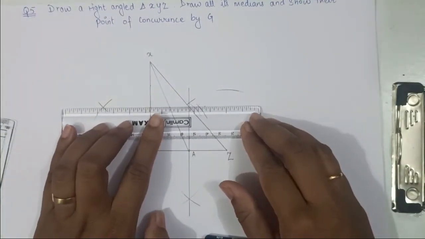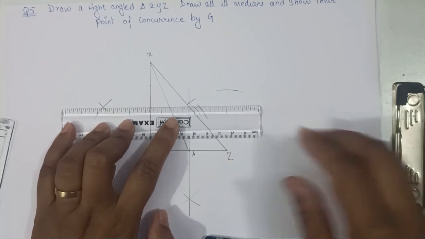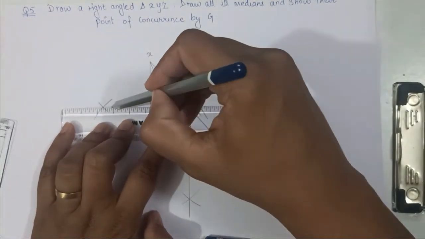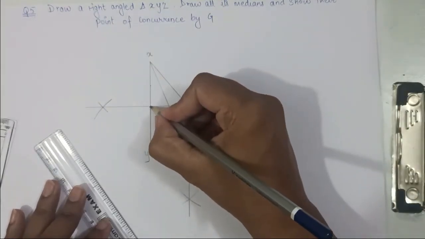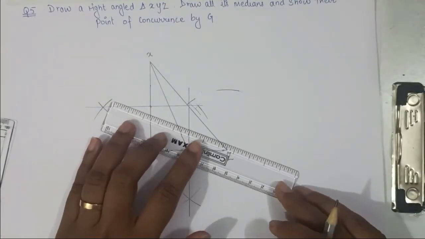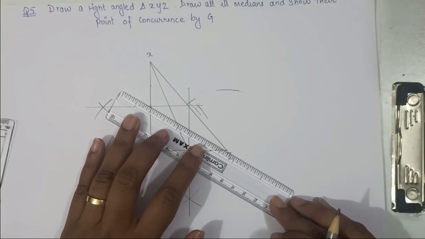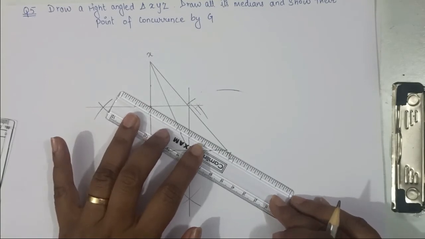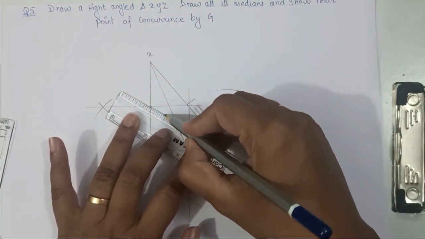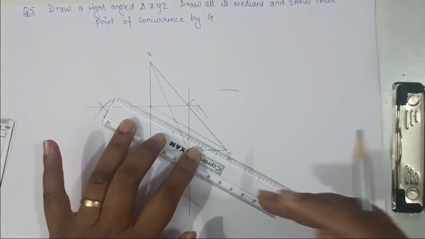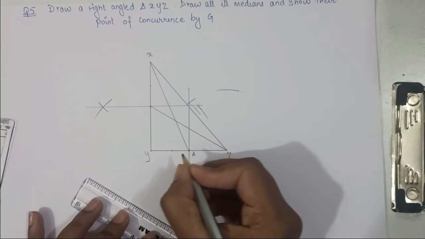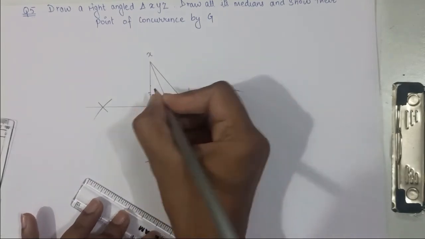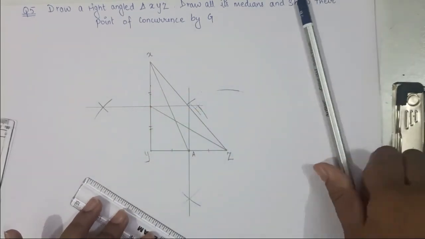Again draw, and this is your midpoint. Now we will draw from vertex Z our median to the opposite side XY. So this is 1, this became 2.